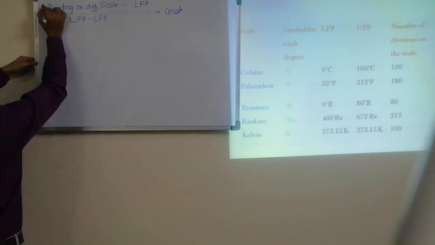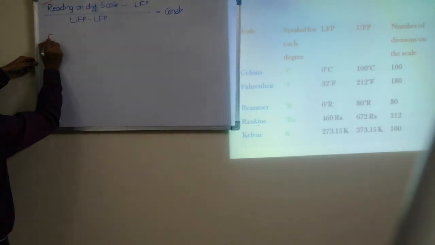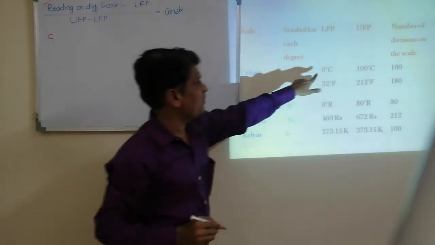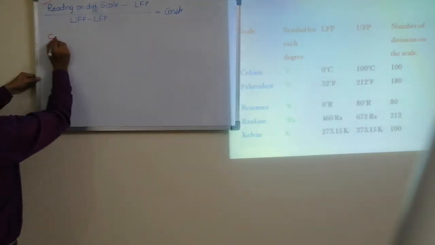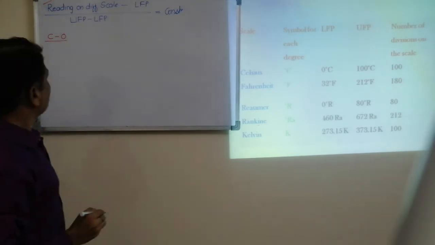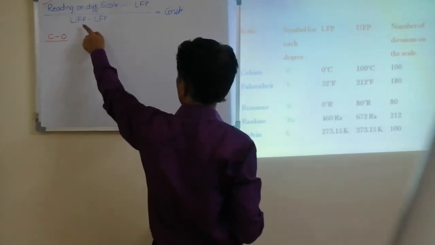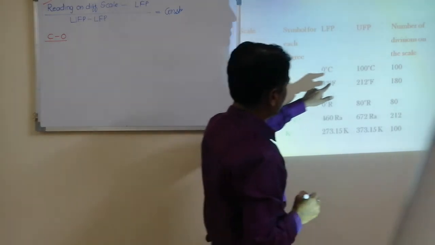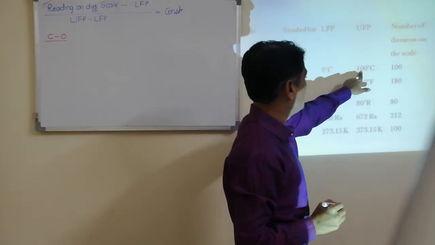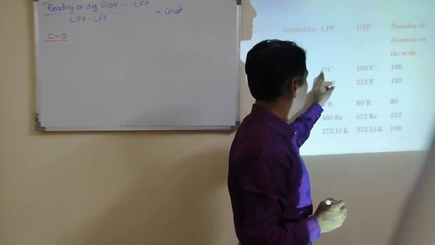Say the reading on the Celsius scale is C, minus the lower fixed point, which is 0. C minus 0 divided by the upper fixed point minus the lower fixed point, 100 minus 0, is 100.